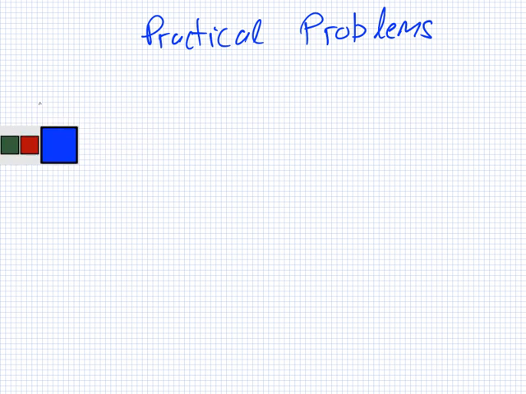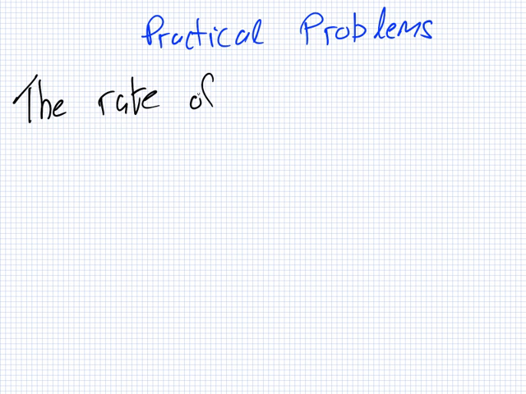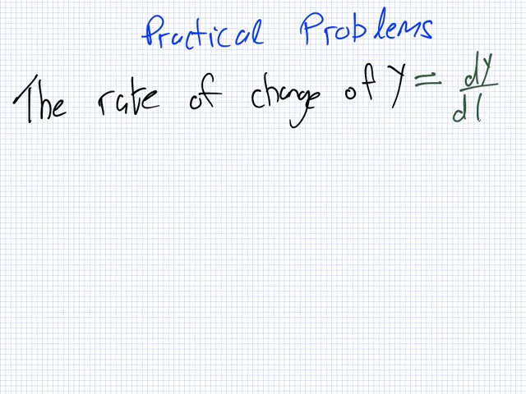I think this vocabulary here, if I said the rate of change of y, what do you think that equals? Yeah, not actually this, dy dt. Now, if I didn't want the time, if I wanted to use some other variable, I would say it like this.